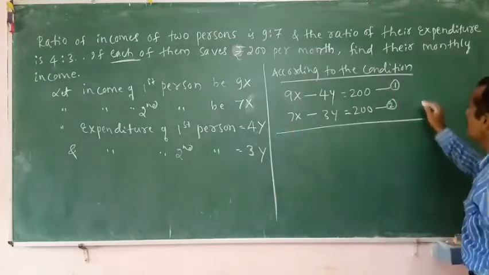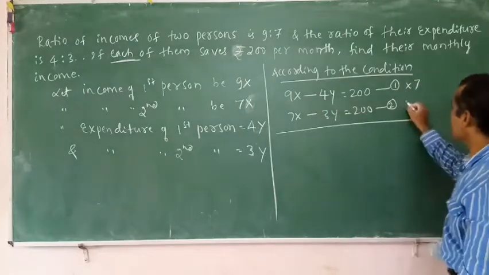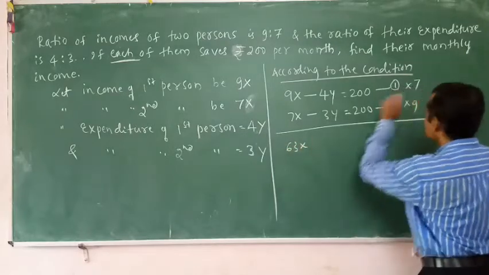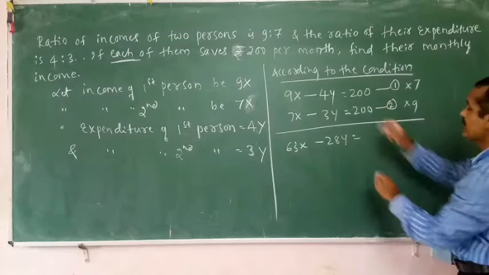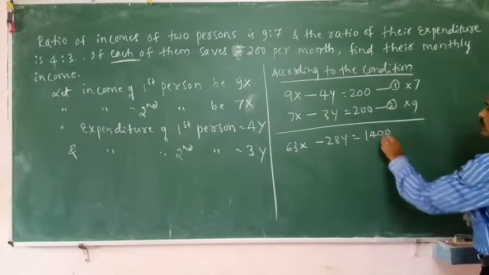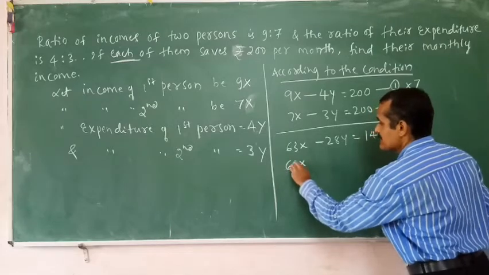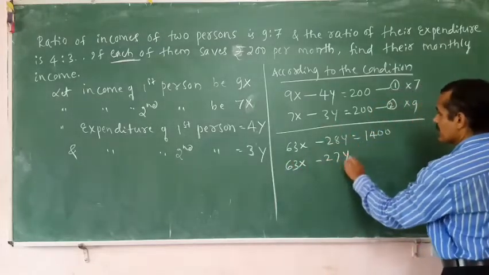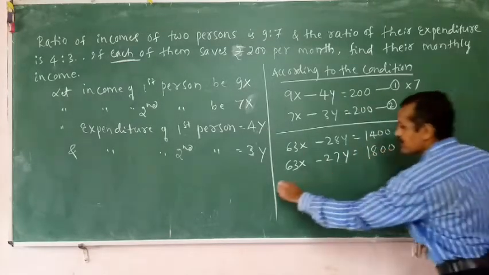Okay. I will multiply equation 1 by 7 and equation 2 by 9. 9 7s are 63x minus 28y is equal to 7 2s are 14, 1400. 9 7s are 63x minus 27y is equal to 9 2s are 18, 1800.